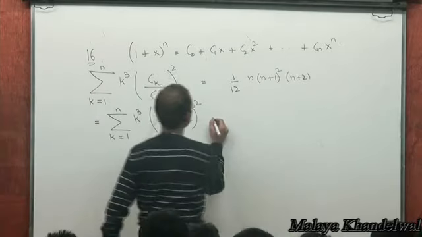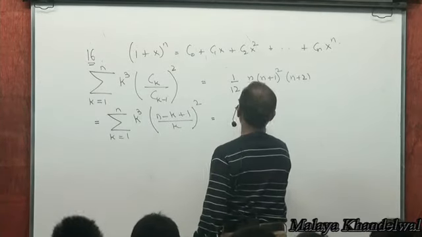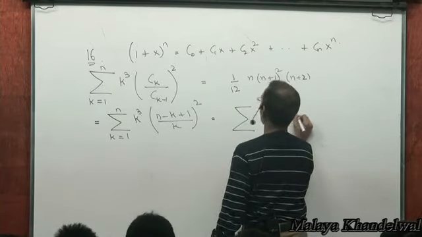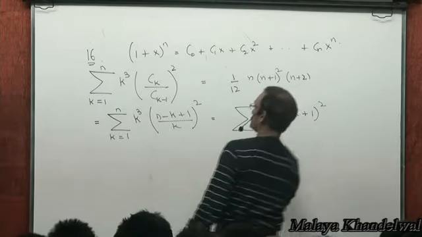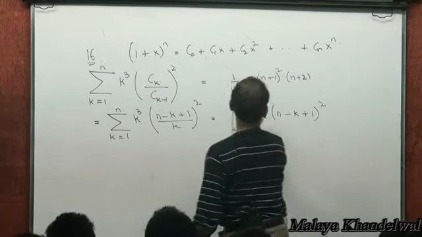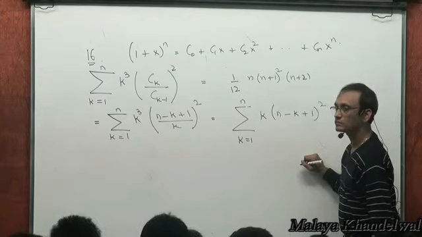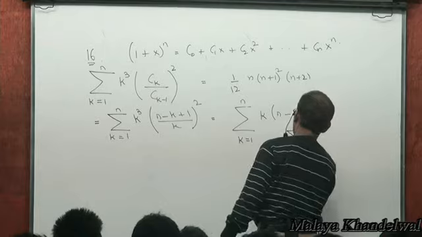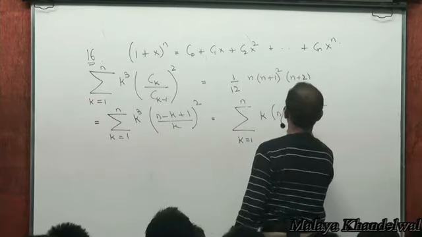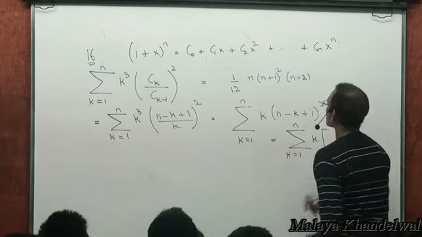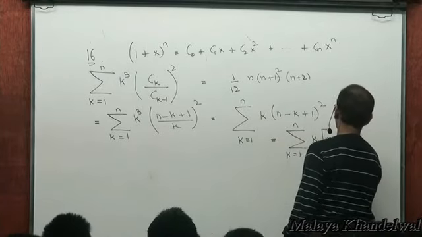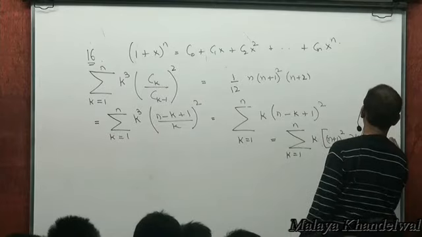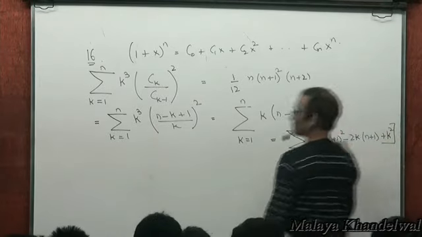This is like summation k into n minus k plus 1 whole squared, k equal to 1 to n, which is as good as summation k into n plus 1 whole squared minus 2k into n plus 1 plus k squared. Yes or no?